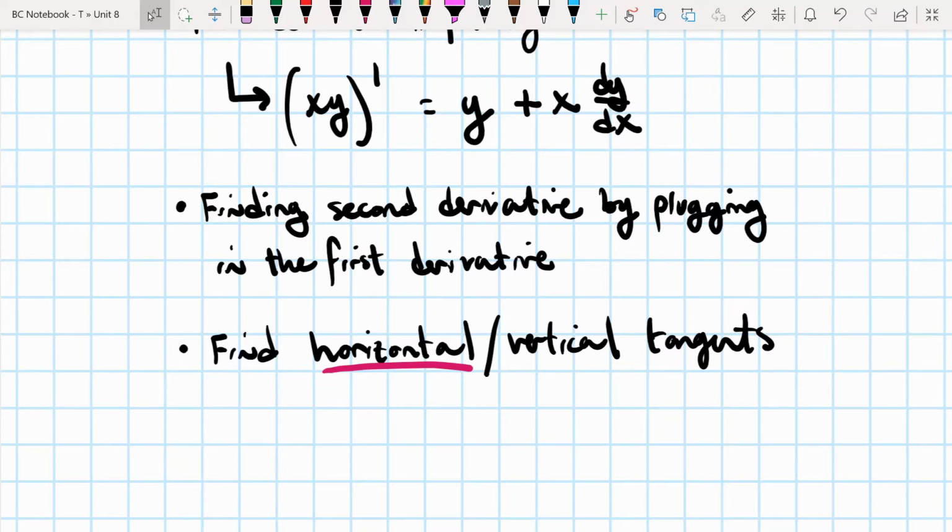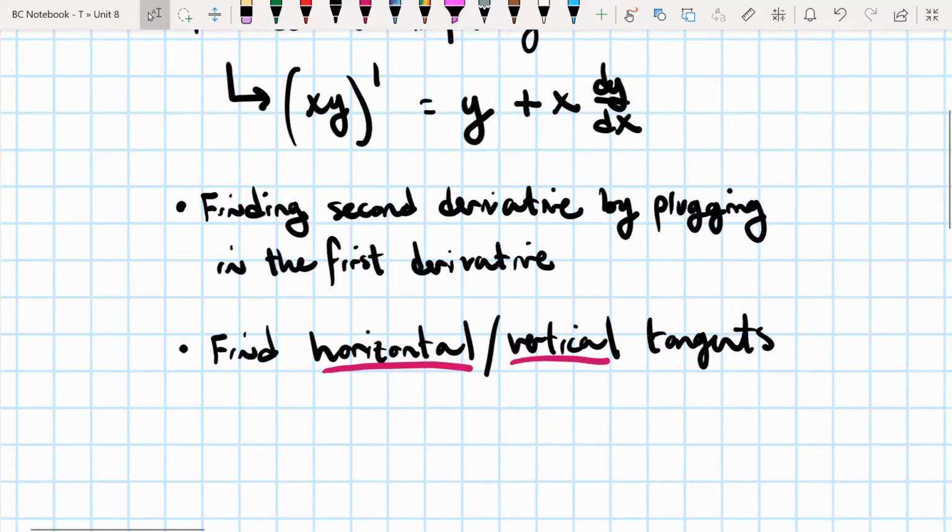And if the derivative is equal to 0, then it's a horizontal tangent. So you're setting the numerator of the derivative equal to 0 to find the horizontal tangent. For the vertical tangent, you're setting the denominator of the derivative equal to 0. And that will give you an undefined result, which represents a vertical tangent.